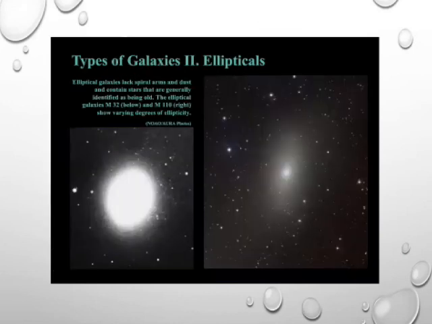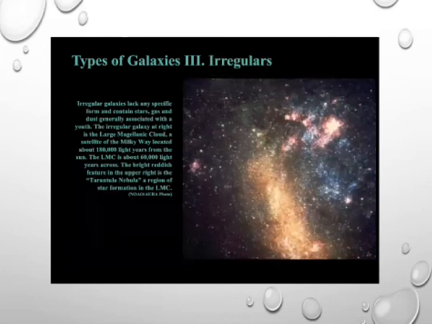These are also some examples of elliptical galaxies. This is M32 and then M110. These are also irregular galaxies. The irregular galaxy at the right is actually the Large Magellanic Cloud, and it is located about 180,000 light years away from the sun.